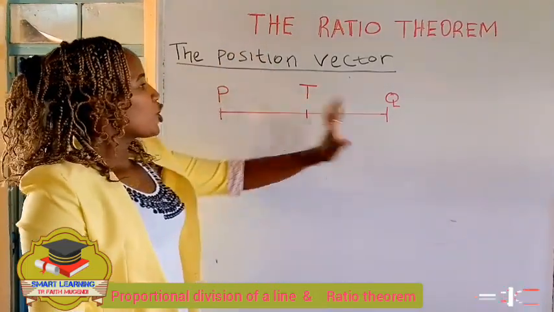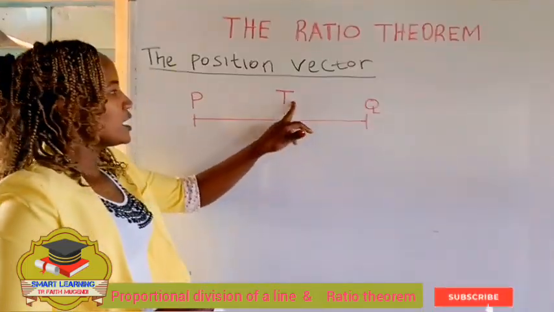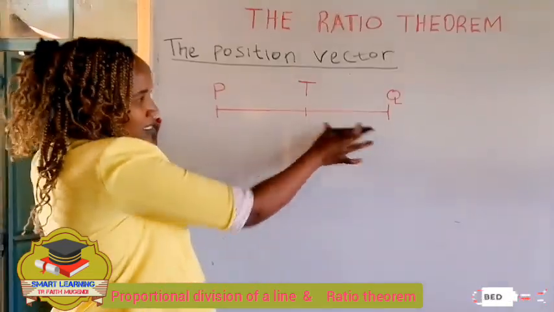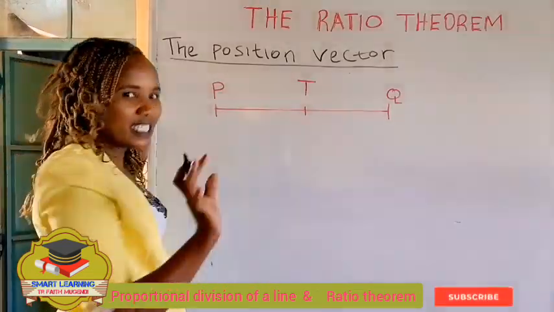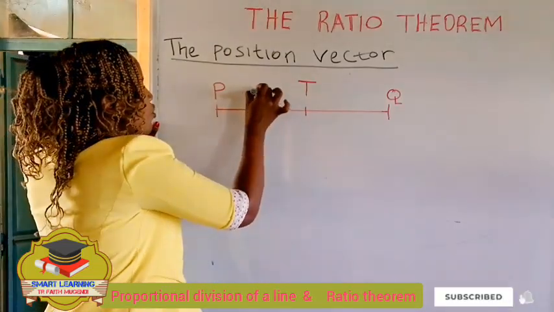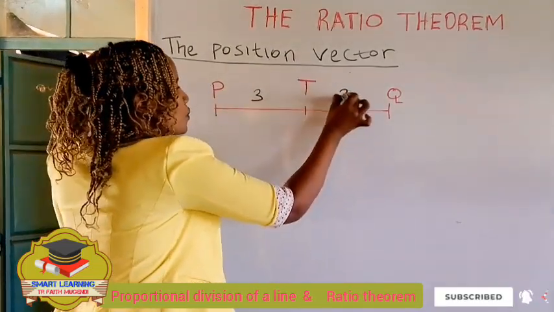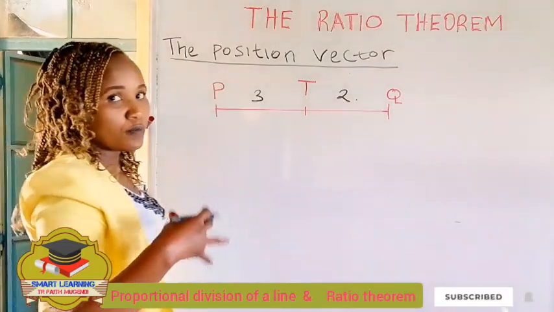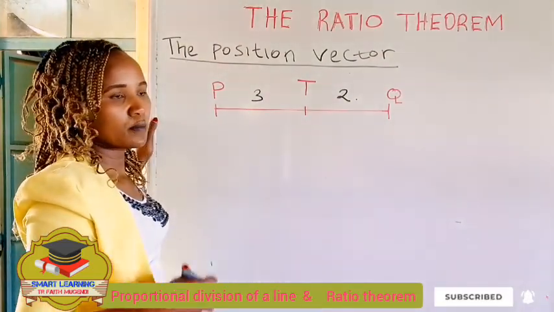Line PQ and point T. Assume point T divides line PQ internally in the ratio of 3 is to 2. Now we want to find the position vector. I want to believe you know what a position vector is.